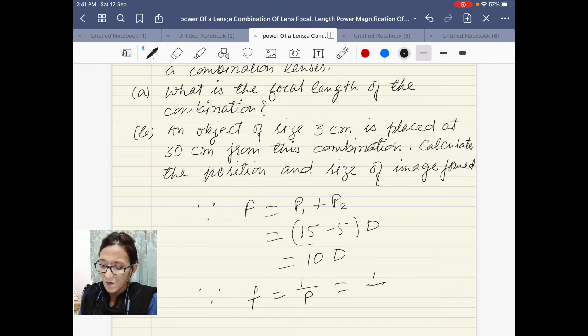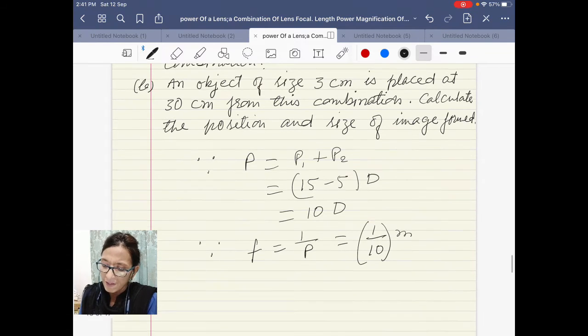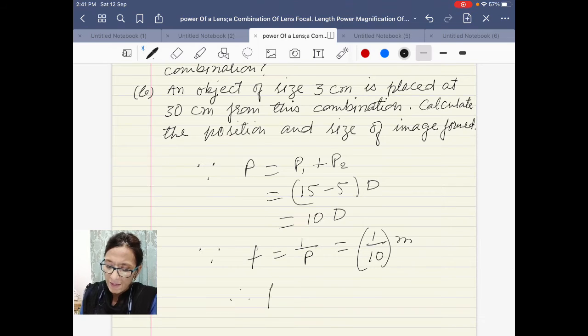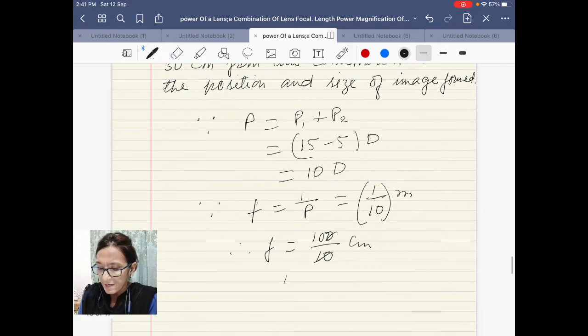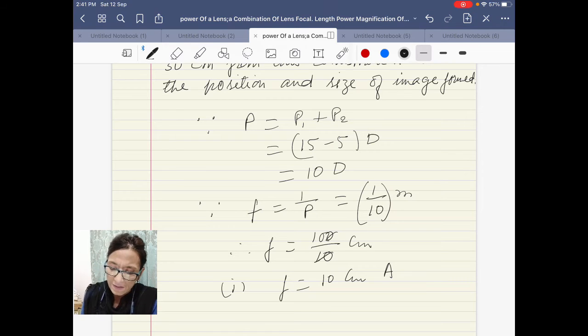So this will be equal to 1 by 10, and it is in diopter, so the whole thing will come in meter, and therefore when you convert this meter into centimeter, this will be 100 upon 10 centimeter. That is, your focal length is equal to 10 centimeter. So one answer we obtain.